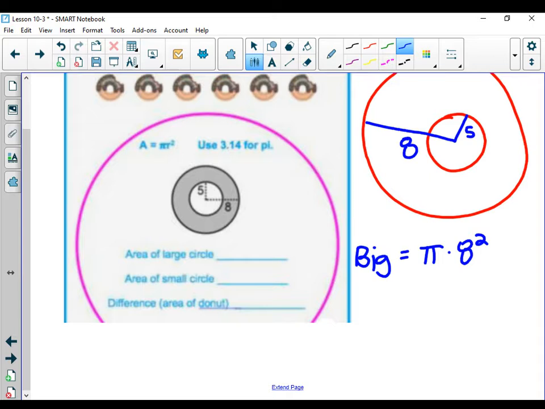Savannah, what's the radius of the little circle? It says 5. Yeah, 5.